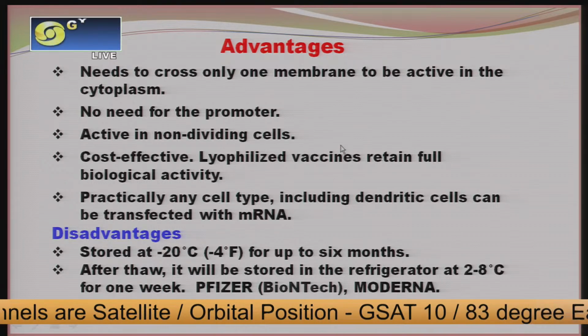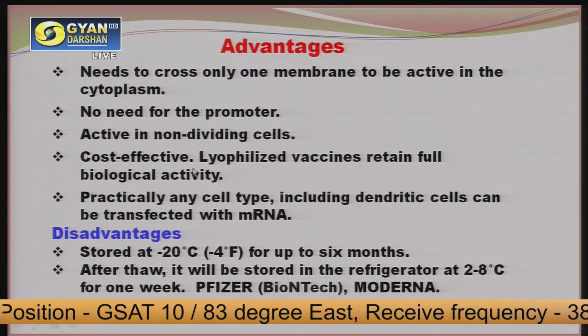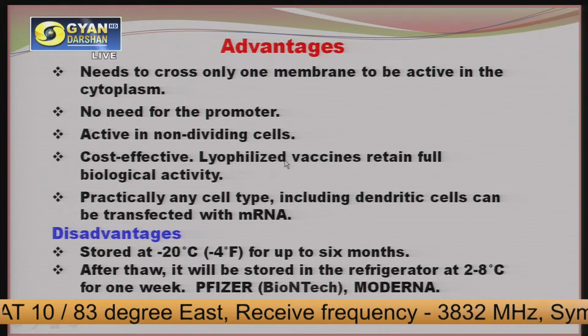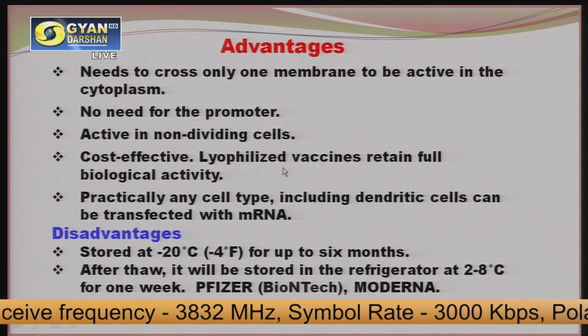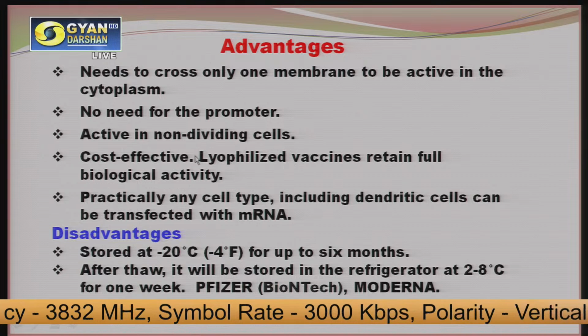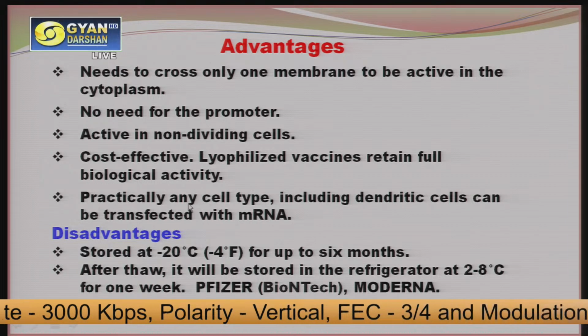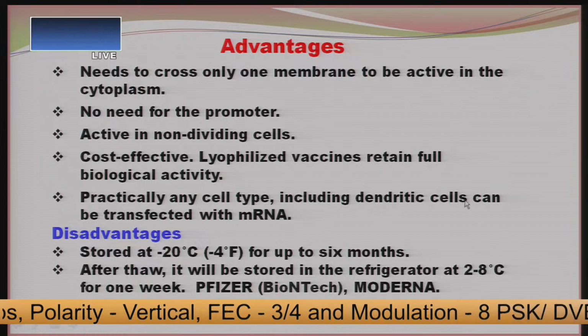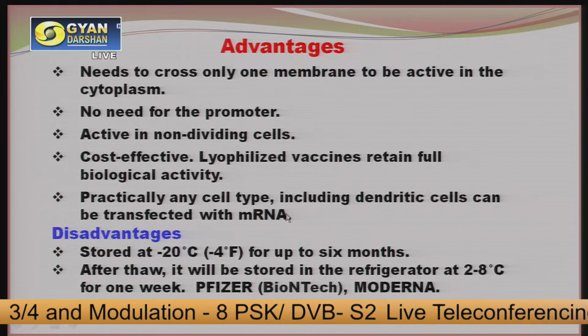It shows full activity after lyophilization. Lyophilization is a very important technique. We can make a powder with the help of a lower temperature like -40 degrees centigrade. And particularly any cell types, including dendritic cells, can be transfected with the messenger RNA.